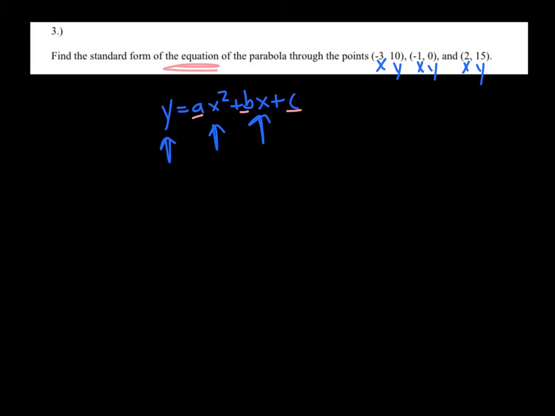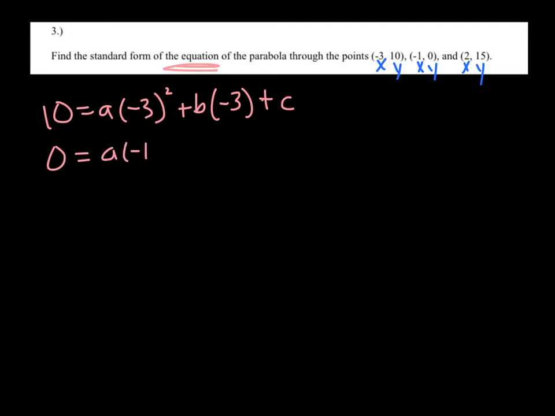So what's going to happen is x, y, and z aren't going to be the 3 variables we're solving for. We're going to be solving for a, b, and c so that we can write an equation. So the first thing we need is a system of equations. So if you know all these x and y values, you're going to use those 3 points to create 3 equations.